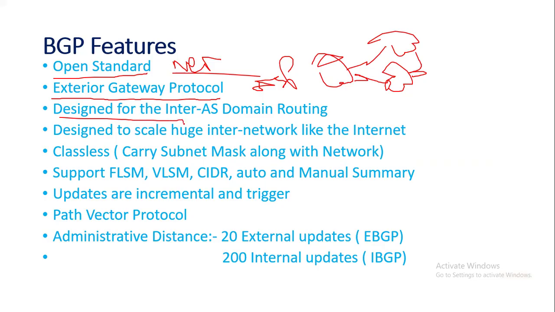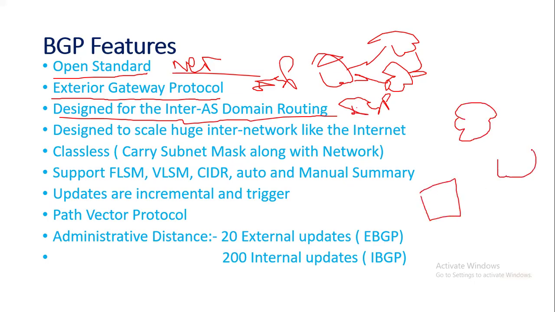It is designed for inter-AS domain routing, again for ISP providers. Let's take an example. If you have an organization and multiple ASes connected, and you want to connect to google.com, your request goes through your internal setup first, then to ISP1.